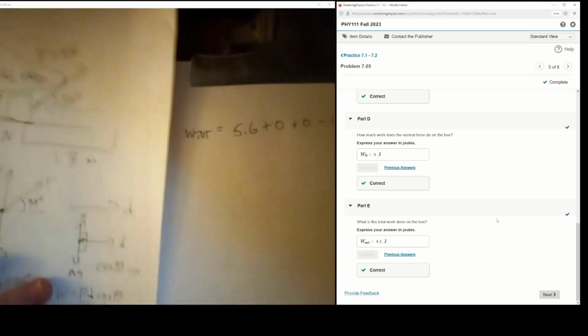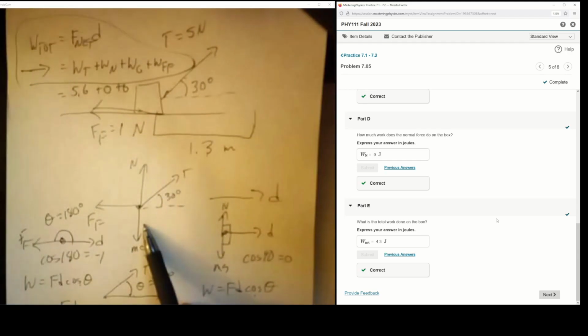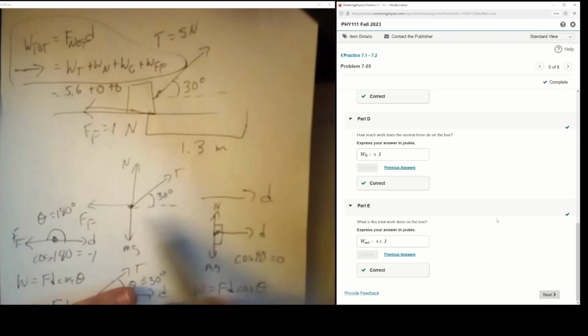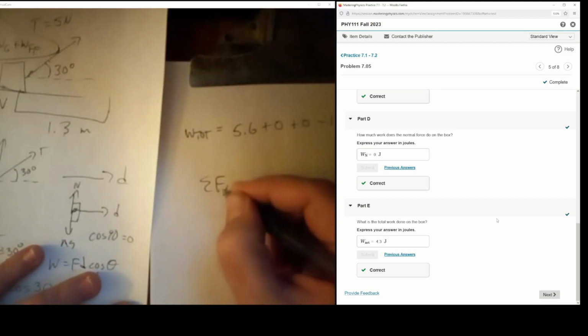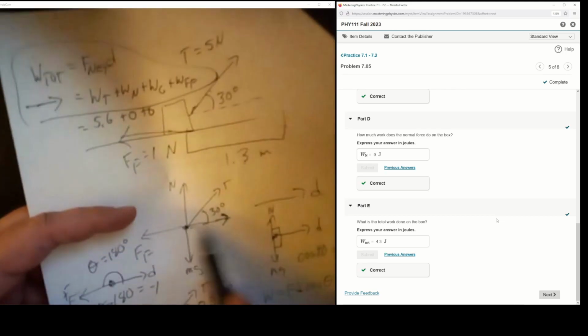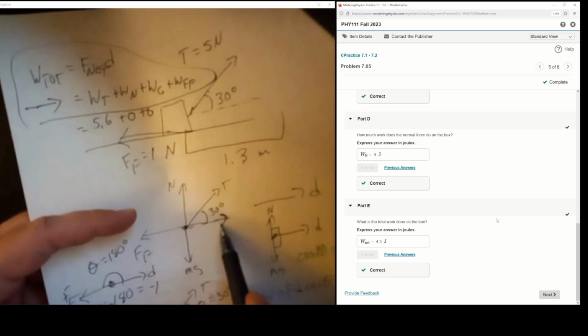Now, if you wanted to check this with the net force, we would have to get the net force coming off of our free body diagram again. The net force is just in the x direction because we're just pulling it right. So if we look at the sum of the forces in the x direction, we have this component of tension, the adjacent angle.